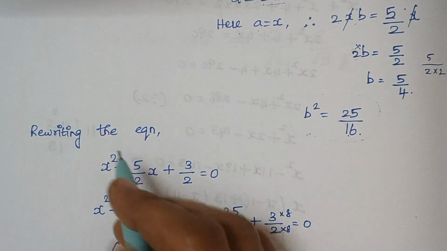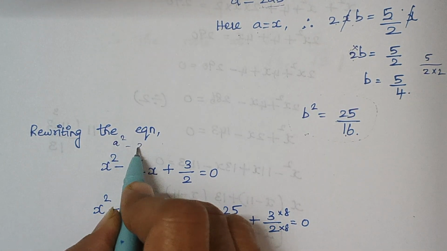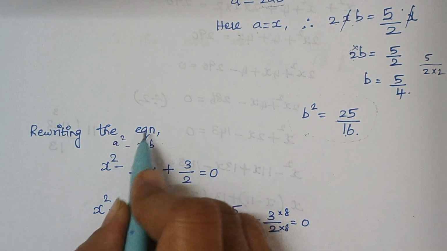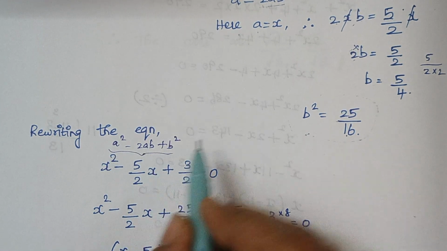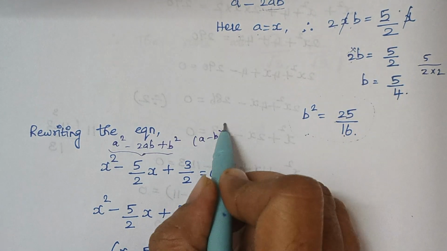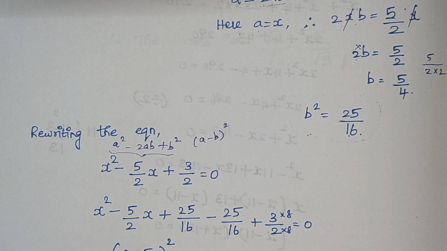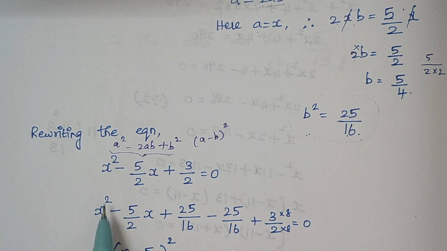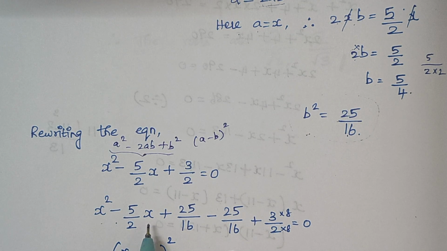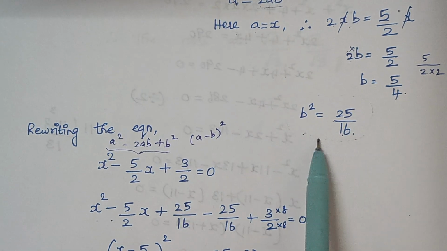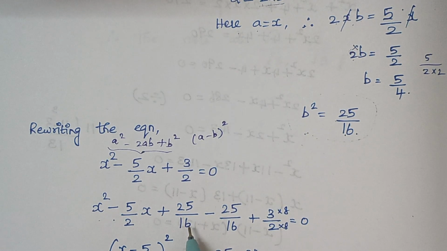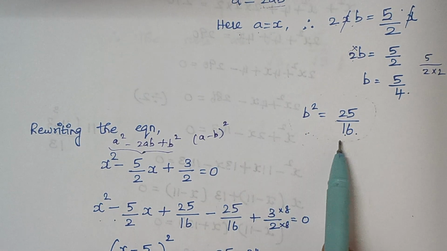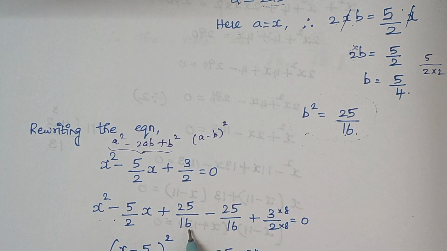The original equation has only a square minus 2ab. But here we need a b square term to write this entire expression in the form of a minus b whole square. So I am writing the first two terms as such, x square minus 5 by 2x, and here I am introducing this b square term, plus 25 by 16.